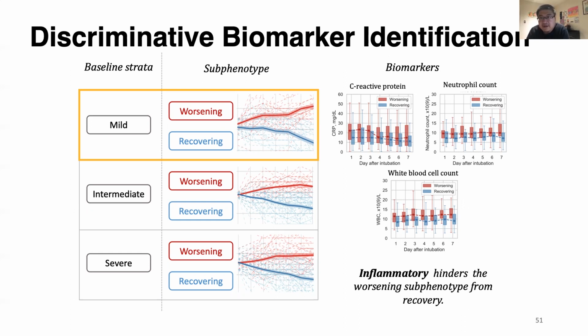We can see that these markers were significantly higher within the first 7 days after intubation for the worsening group compared to the recovering group. This may suggest that an inflammatory mechanism prevents the worsening subphenotype from recovering within the mild stratum.